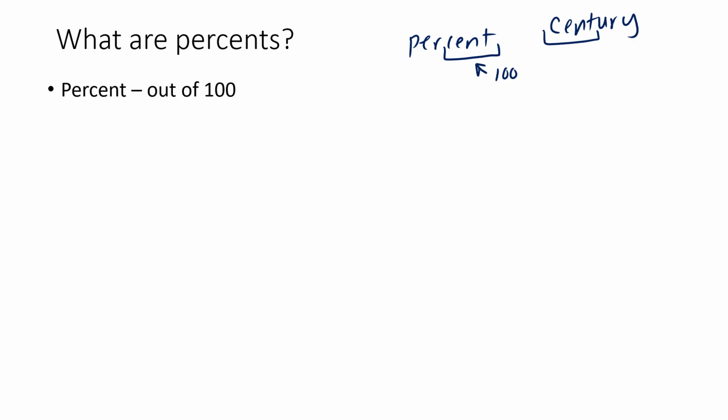You might think of our money: there are 100 cents, and you can even see the little c in the symbol for cents there, 100 cents in a dollar. So we don't have to go too far to connect the word there. And then per, you can think of it as per 100 or out of 100.